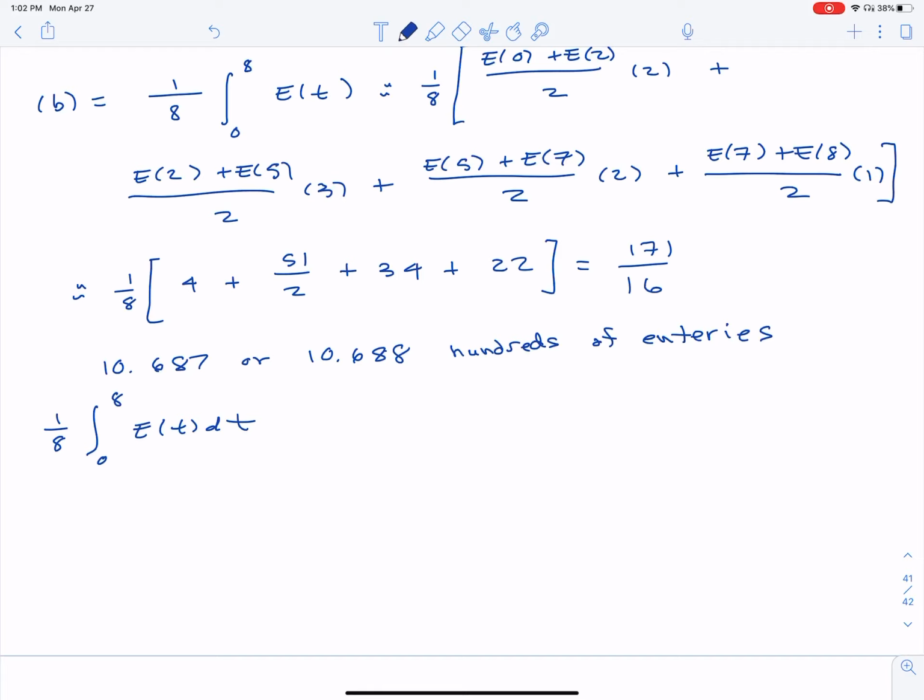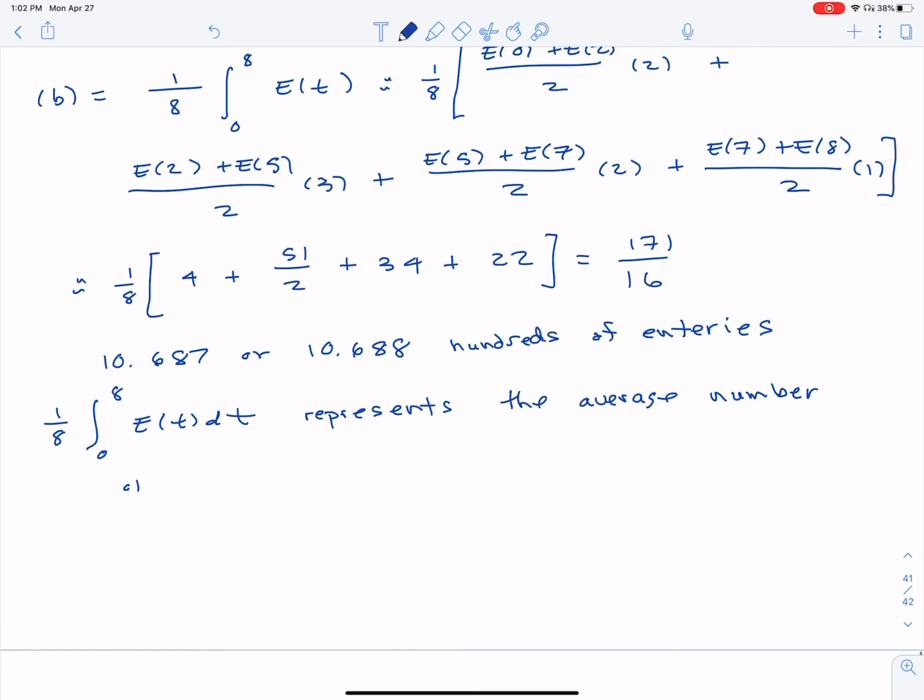So let's just write that. So this represents the average, that's an important part, average number of entries.